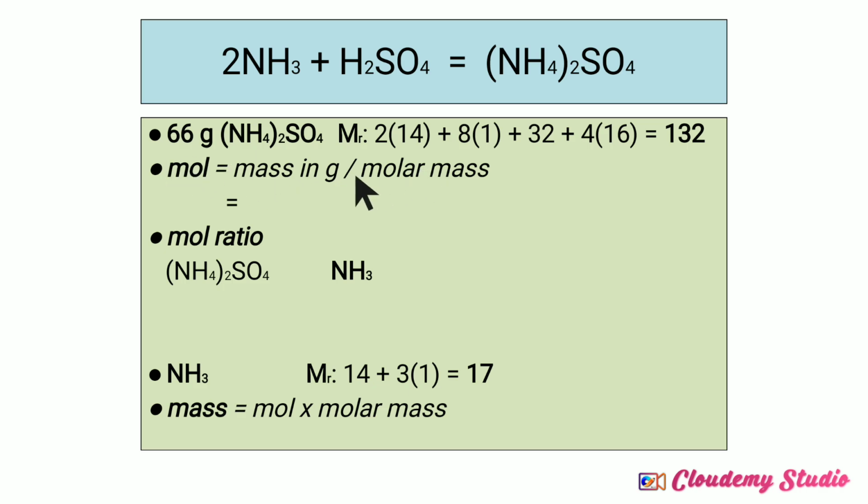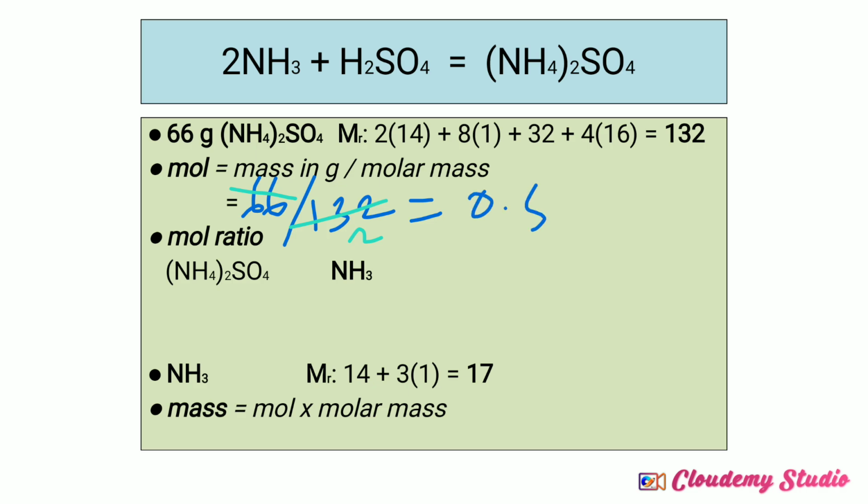Now we substitute these values: 66 divided by 132. This will be 1 times 66 over 2 times 66, so the result is 1 by 2, or 0.5.